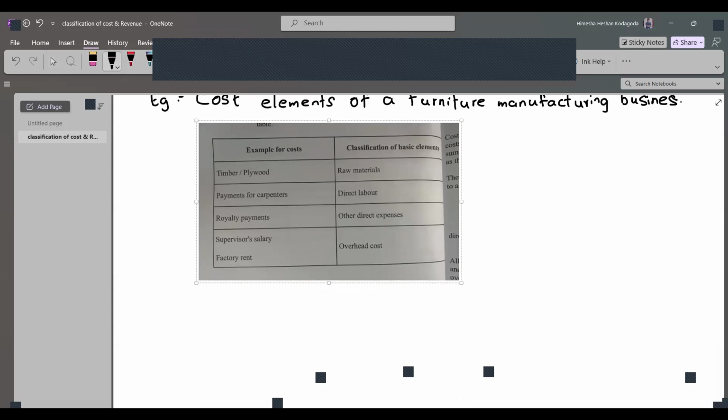Yeah. For an example, timber is coming under raw material, which means you can write under that. Don't write like direct material, right? Direct labor, other direct expense, overhead.